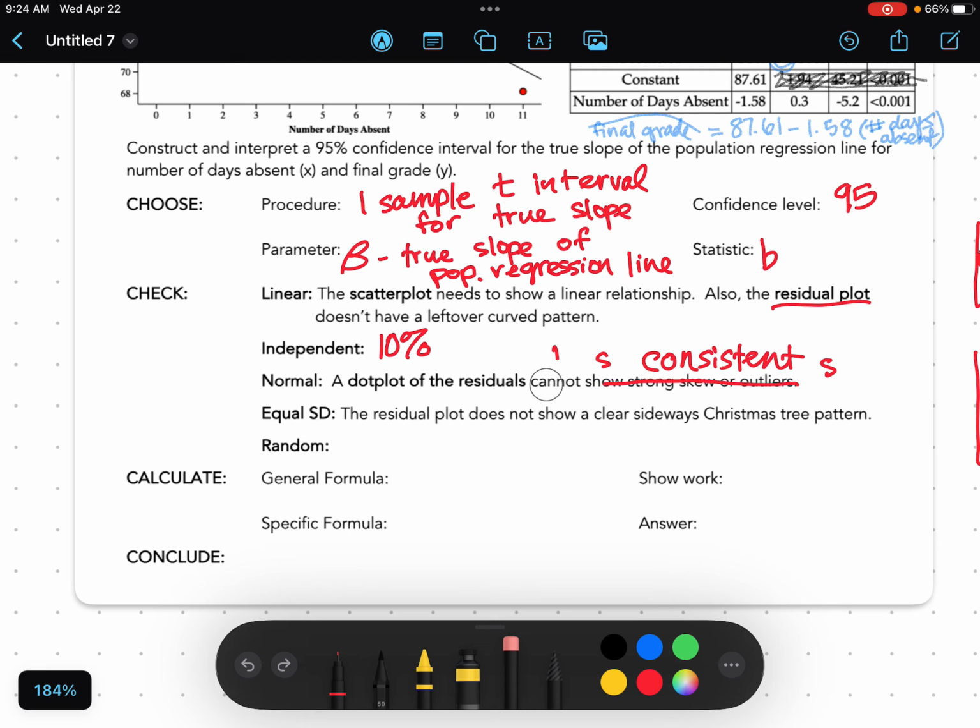Let me erase that. This is what we're going to cross out. The Christmas tree pattern is not, shockingly, statistically rigorous language. Shows consistent spread.